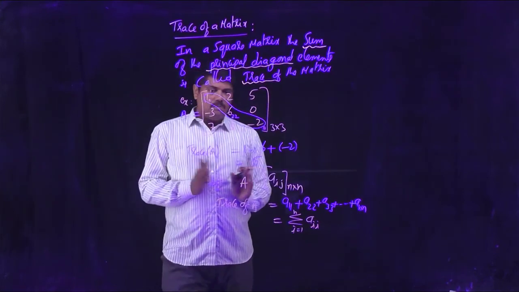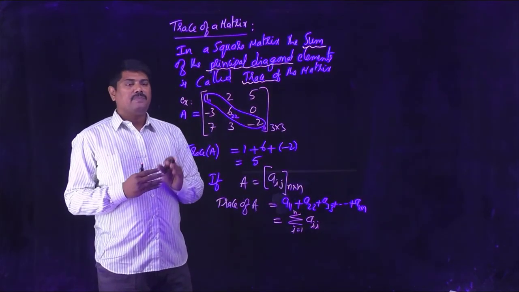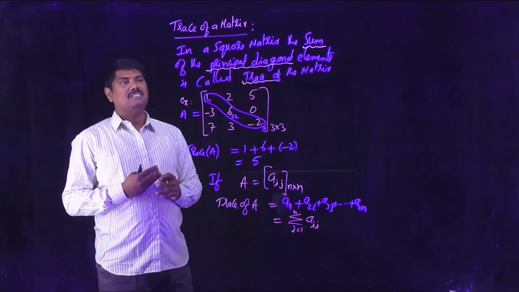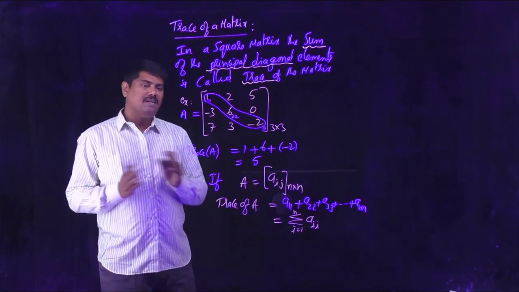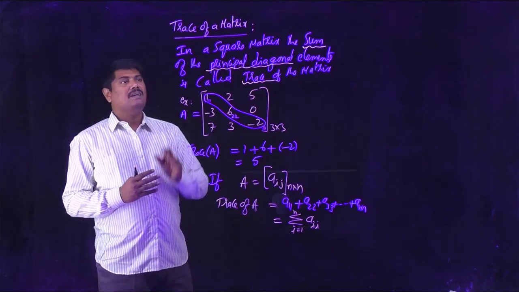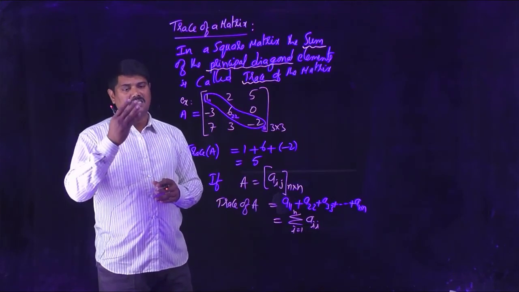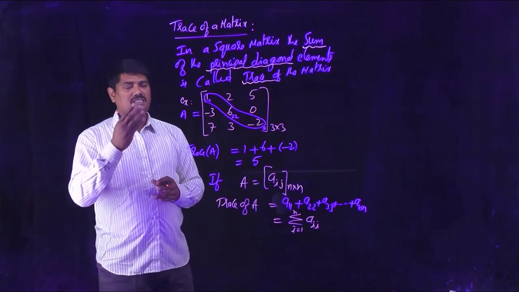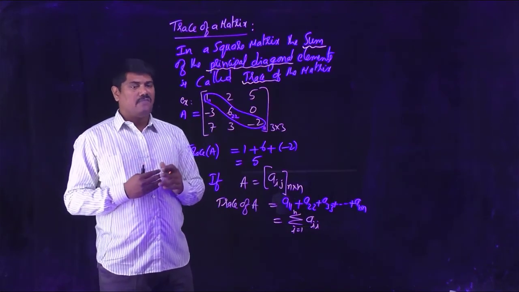We observed the definition of a square matrix, and based on the concept of different elements with their positions, we came to principal diagonal elements and non-principal diagonal elements. Then the sum of the principal diagonal elements of the square matrix is said to be the trace, and we had one example of how to find the trace of a given matrix.